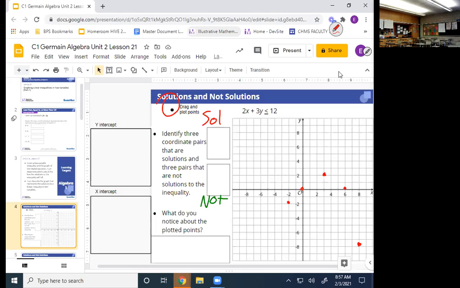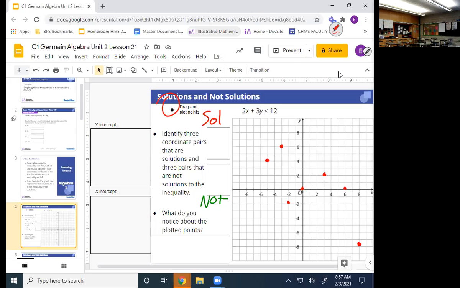Over to -3, up to 6. Okay. Ian said 3, 2 as well. Nice job, Ian. We have -5, 4. Okay, and then one more would be -7, 9.